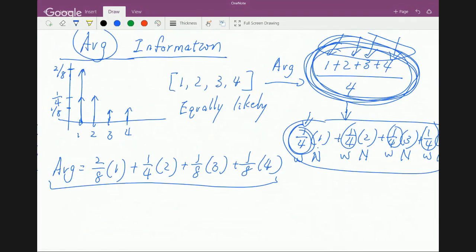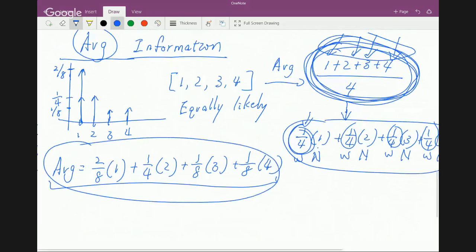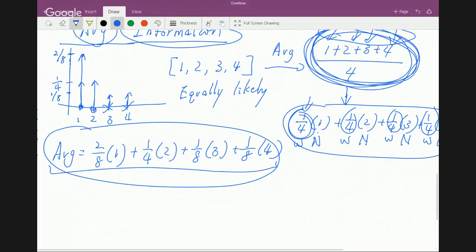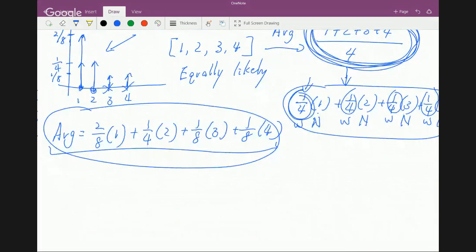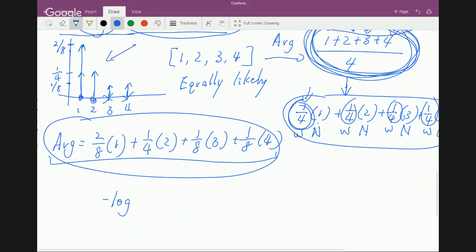So now that's average. If we want to find average information, you just take the information of each one of them and average them together. Pretty simple. Let's use this situation. The first one, the information again, is minus log of the probability, 2/8.